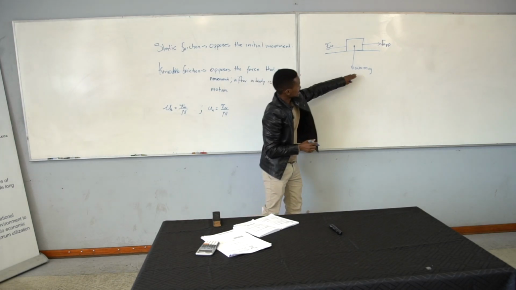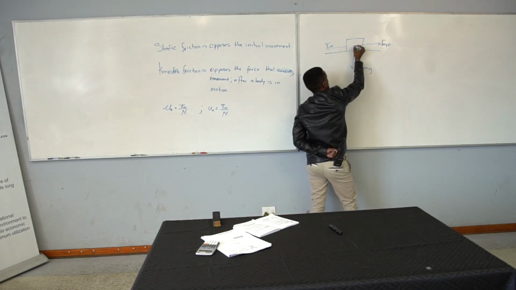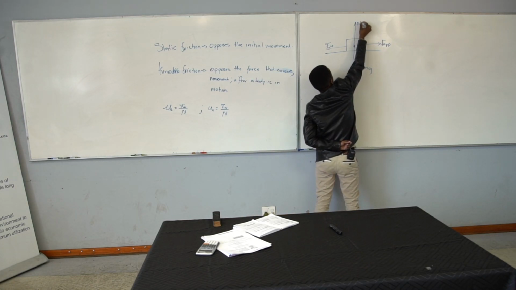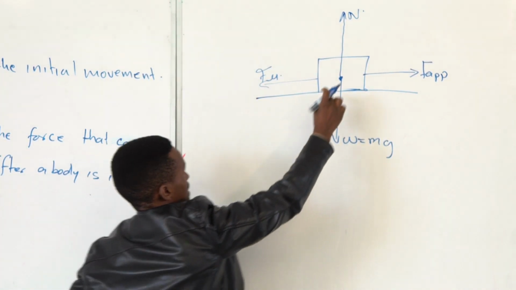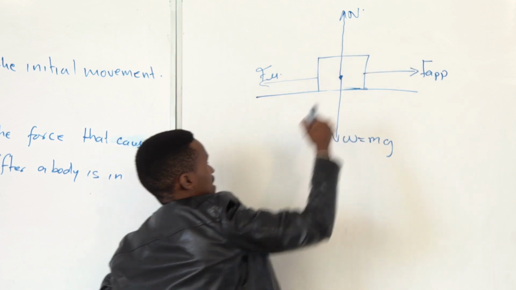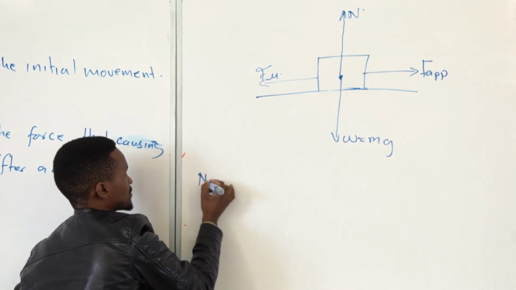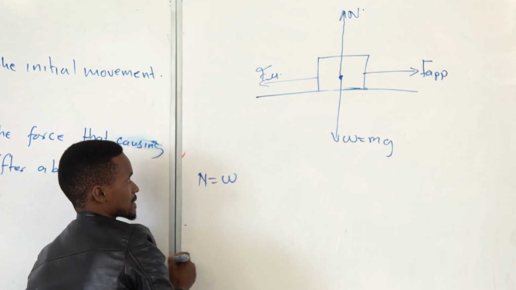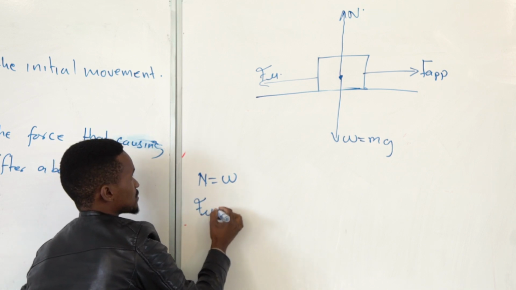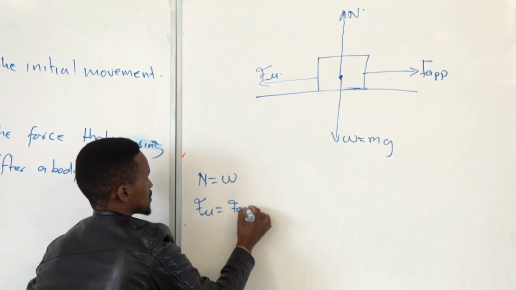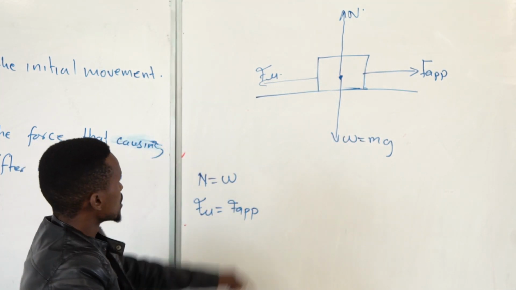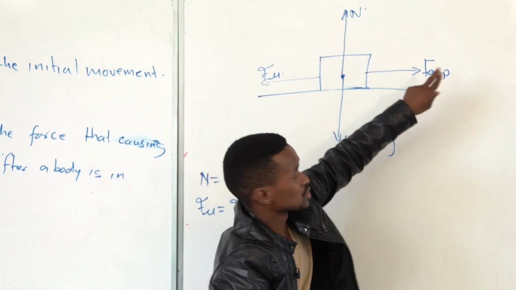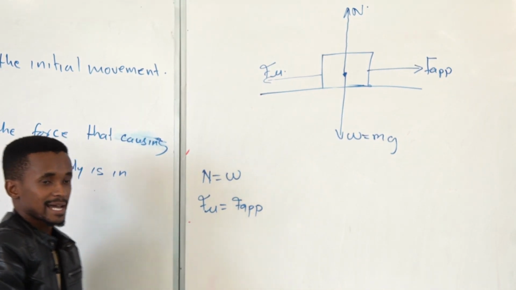And there's a normal force. Now, if you look at the diagram, the normal force is going up, the weight is going down, meaning our normal force is equal to the weight. And also our frictional force will be equal to the force applied. Or you can simply say this plus that will give you 0, right?